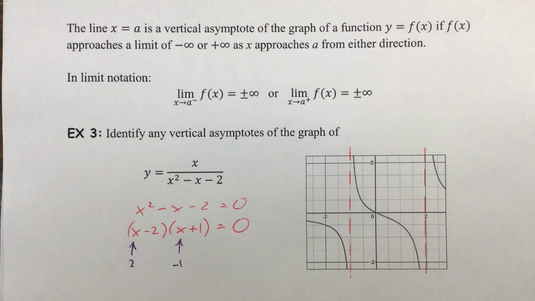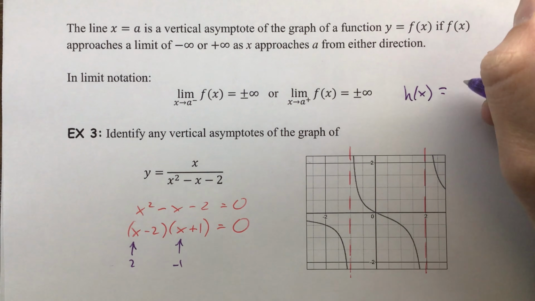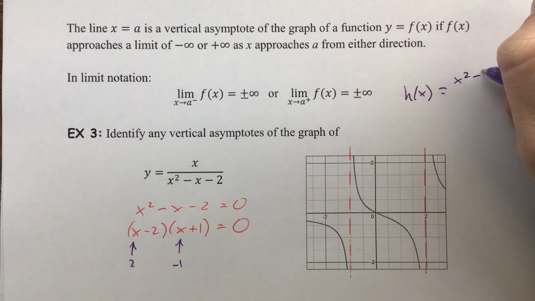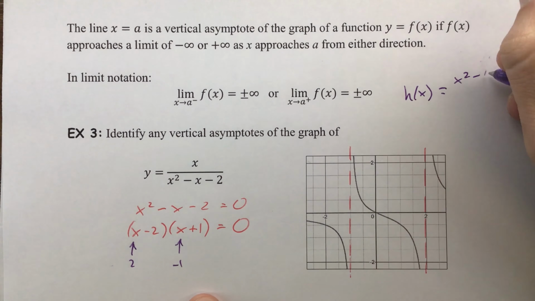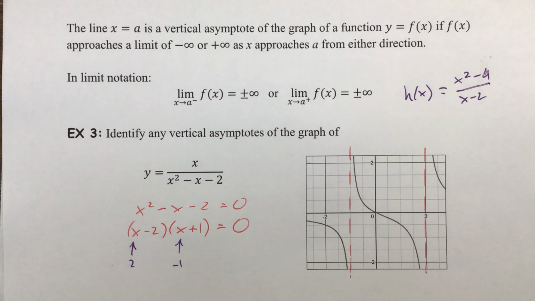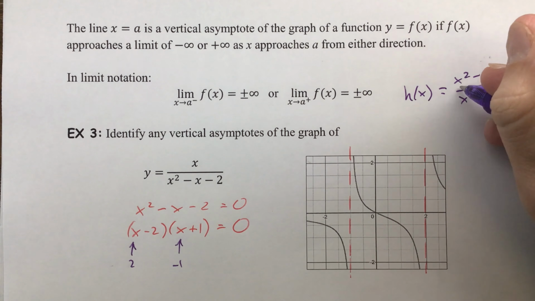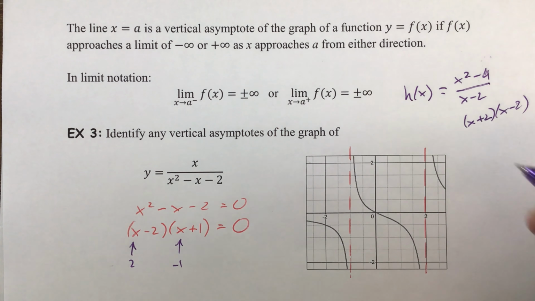If you go back to example 1, we had a function called h of x. And that's what h of x will look like. If I factor the top, this is the difference of squares, I get x plus 2 times x minus 2.